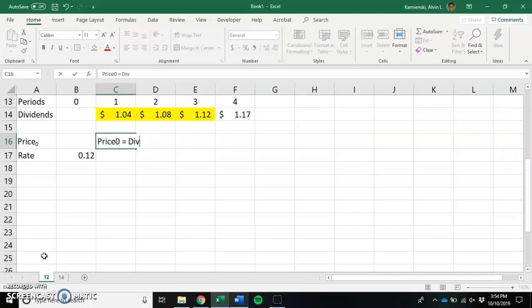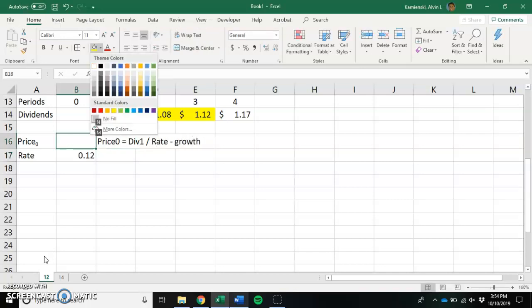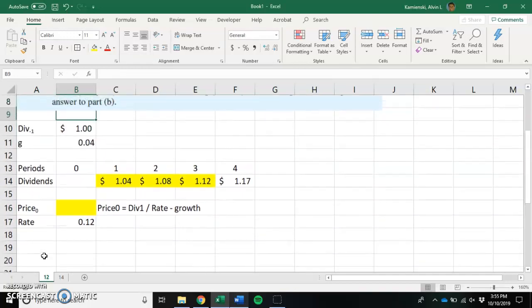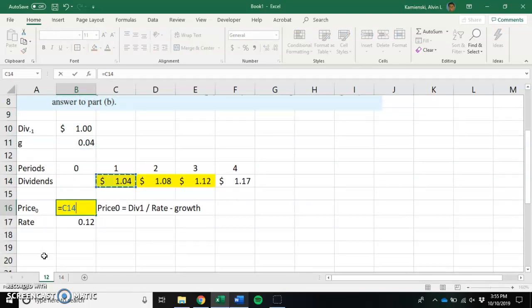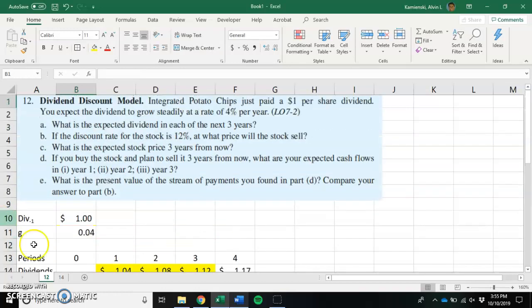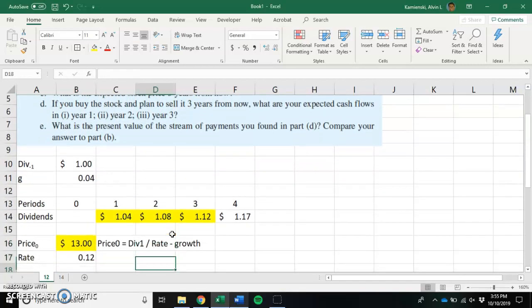So the price right now would be equal to the next dividend divided by rate minus growth. So if we execute that formula in here, our next dividend would be $1.04 divided by the discount rate of 12, subtract off the growth rate of 4, and that suggests that the price right now would be $13.